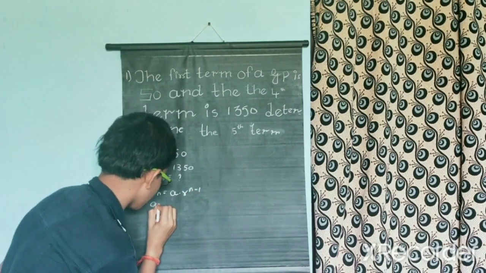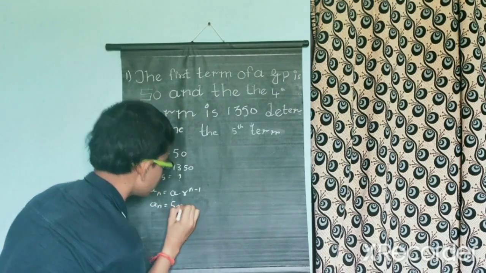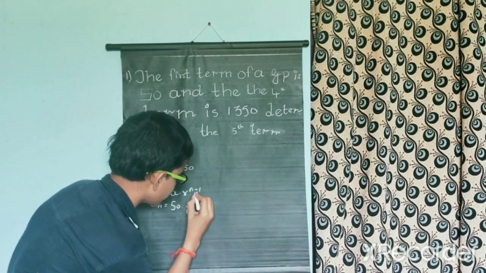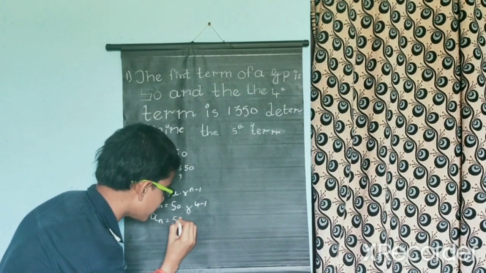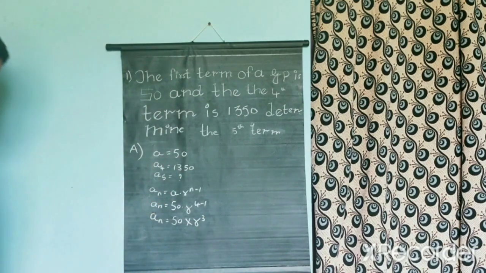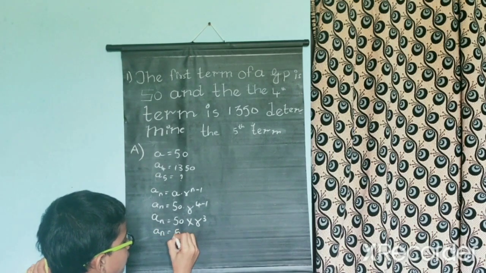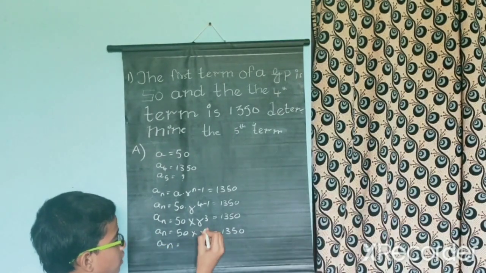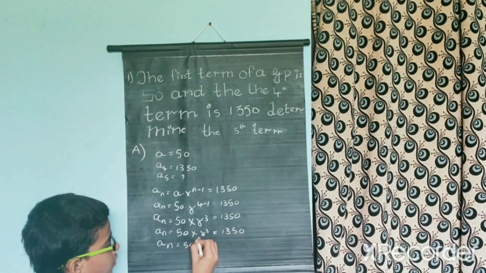Here a is 50, r we don't know, so a4 equals 50 into r power 4 minus 1, which is 50 into r cube.